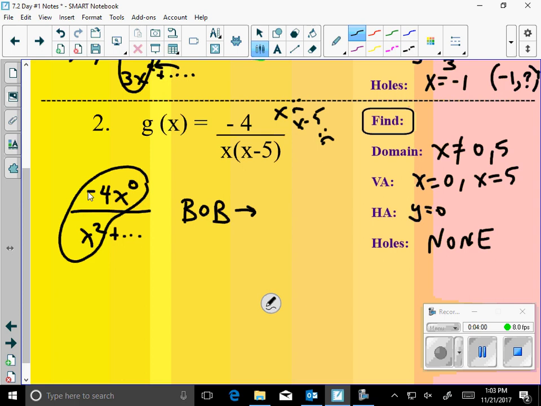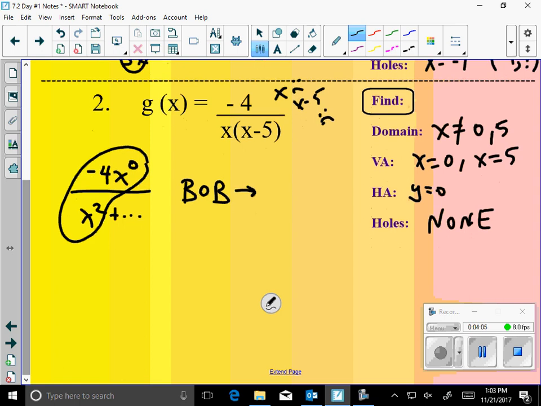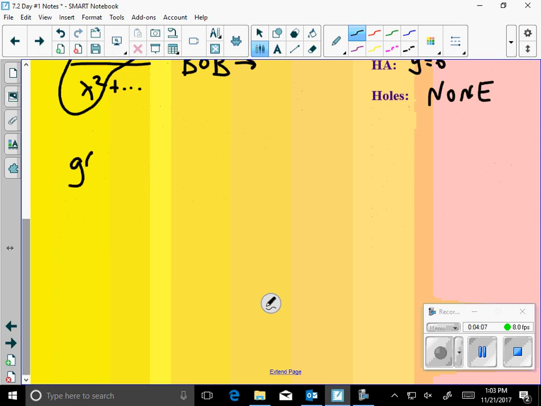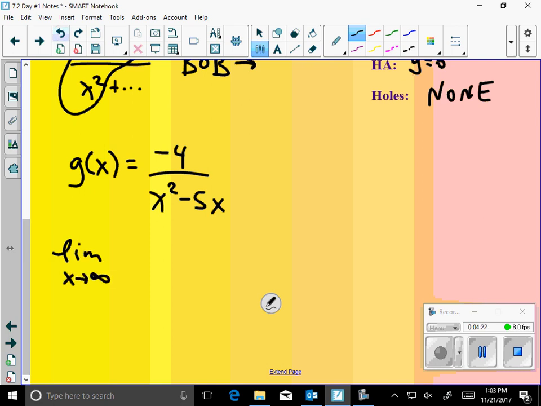Now, watch this for just a moment. Let me take this function g of x. g of x equals -4 over x squared minus 5x, right? If I were to take the limit, excuse me, I'm in calculus class right now, as x goes to infinity of this thing, I plug an infinity in.